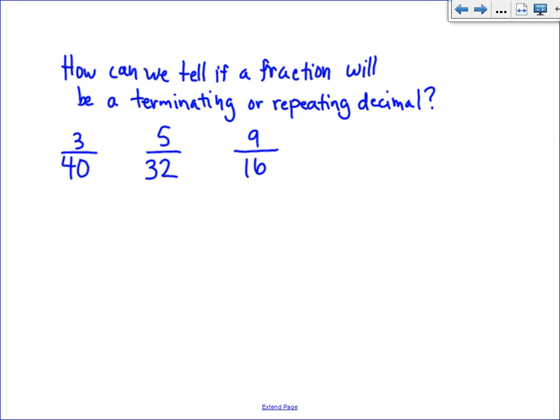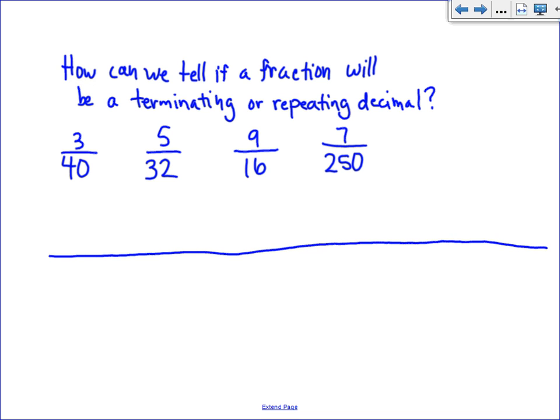All of those fractions, if I made you convert them all right now to decimals, would be terminating decimals. Ones down here are going to all be repeating decimals.